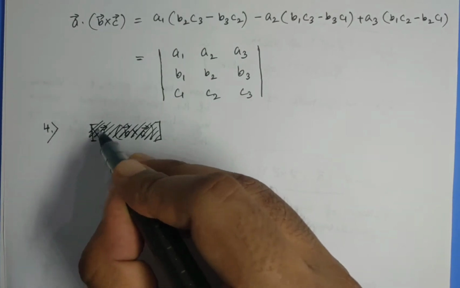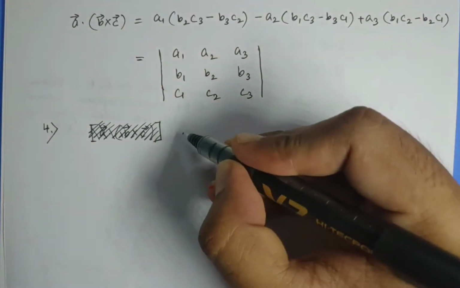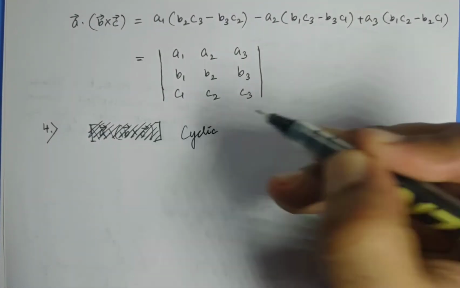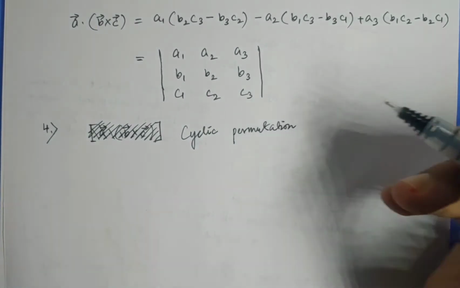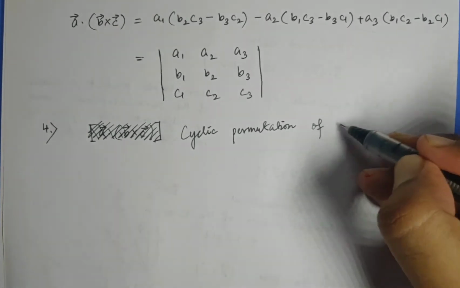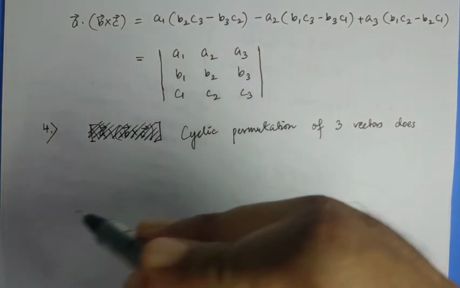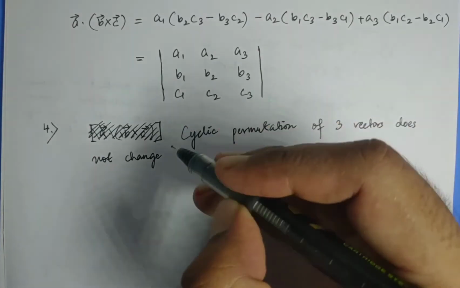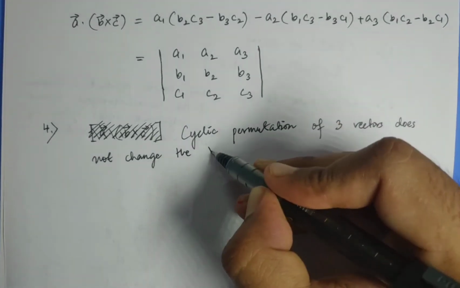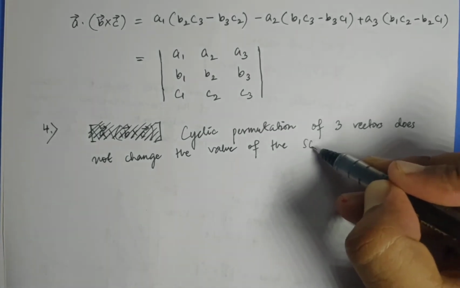Now let's move on to observation number 4. Now what it says is cyclic permutation of 3 vectors does not change the value of the scalar triple product.